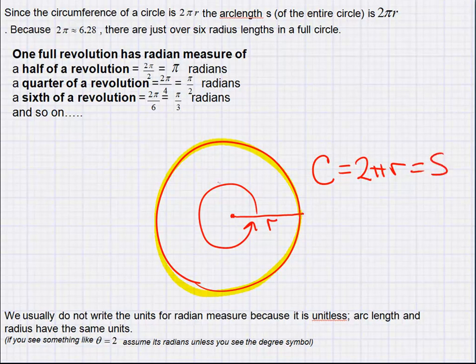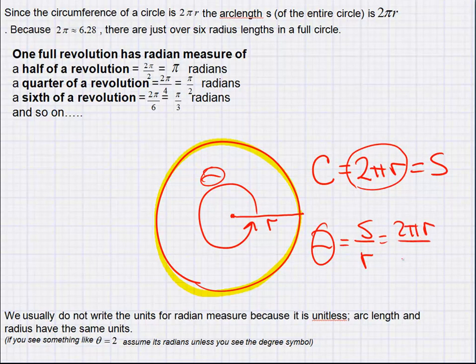So if I'm trying to figure out what this angle is that is a full rotation in radians, I should take s over r. Well, this is the arc length that I traveled around the circle, and the radius of the circle was just r. I cancel these r's and I get 2 pi. So the measure of this angle in radians would be 2 pi. A full rotation around the circle would be 2 pi.